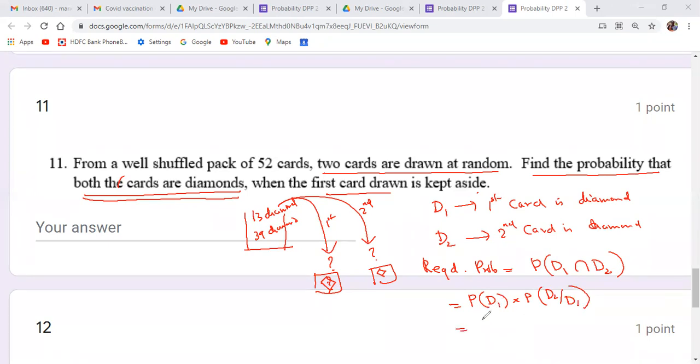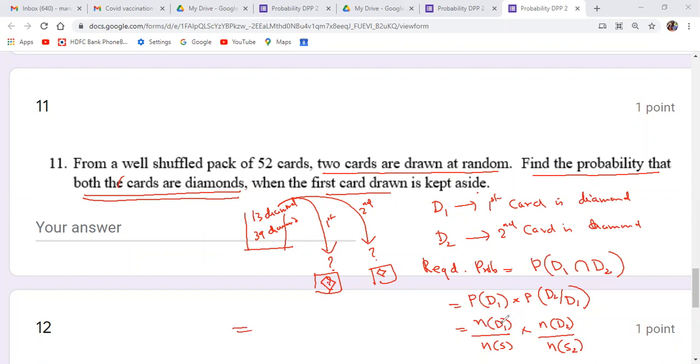Probability of diamond. I'll do one thing: N of D1 upon N of S1 into N of D2 upon N of S2. Is that okay? Just to make you understand this, this will be a better way of writing. Now first is diamond. What is the probability of first diamond?